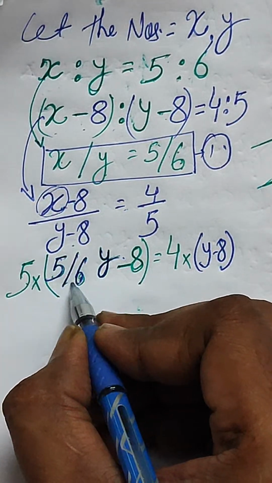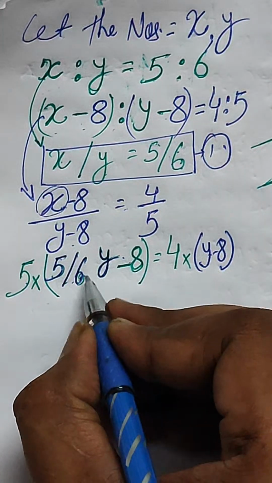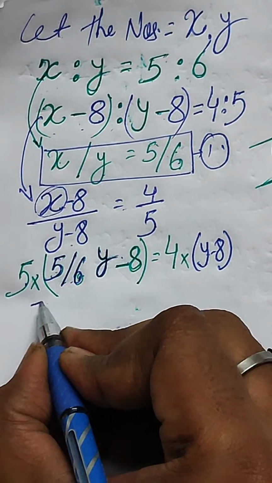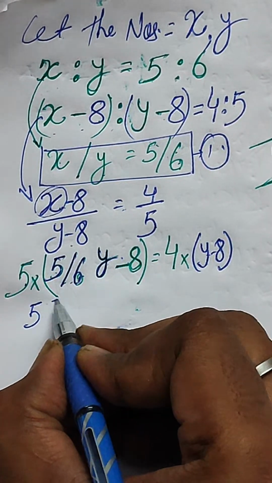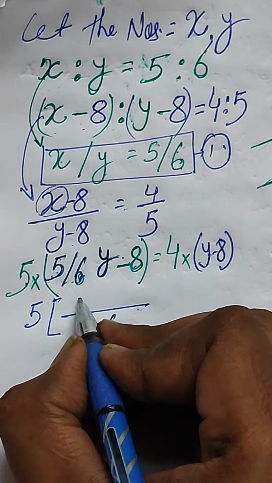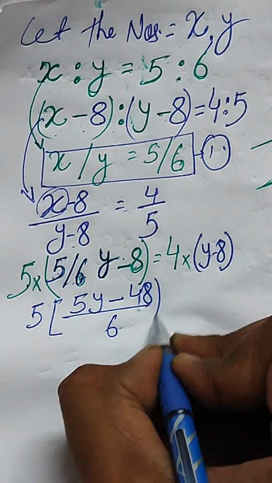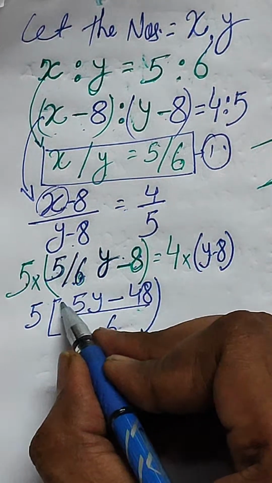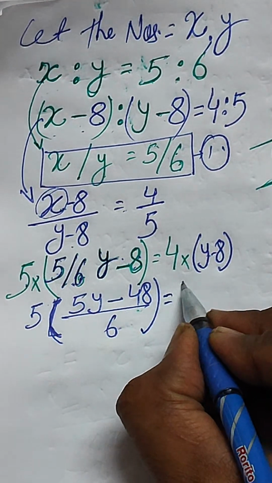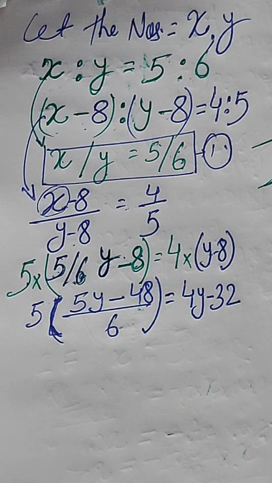So 5 into 5 by 6y minus 8 will be, here you can see, 5 into, let us keep 5 as it is, and if you take the LCM as 6, it will be 5y minus 48, because 8 into 6 is 48, right? And this is equal to 4y minus 32, right?